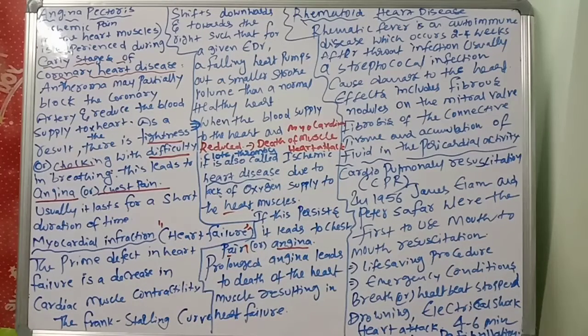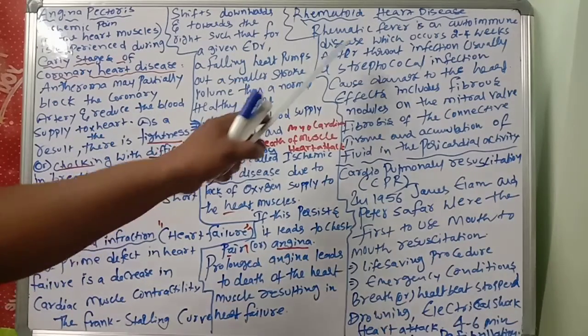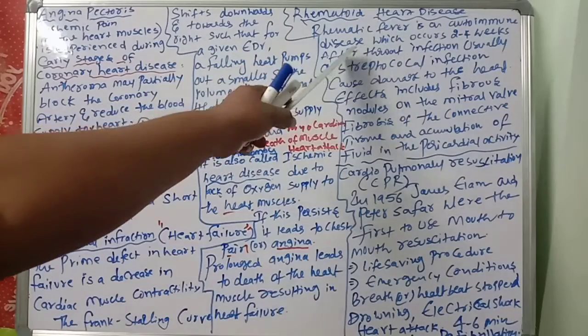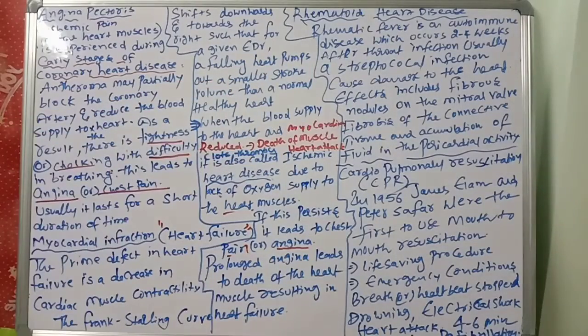Okay, that is important. Next, rheumatic heart disease. What is this rheumatic heart disease? We will see. You know very well, rheumatic fever is an autoimmune disease which occurs 2 to 4 weeks after a throat infection, usually.